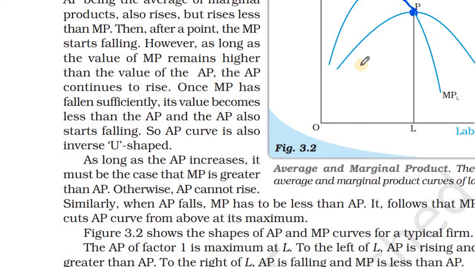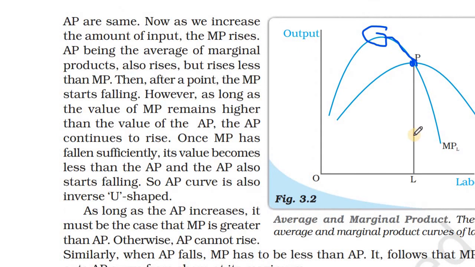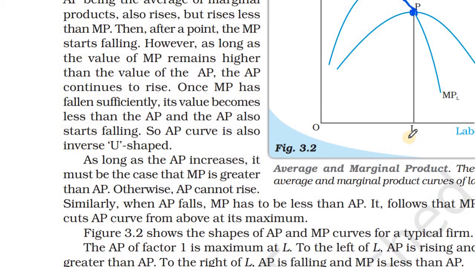First, MP has to be less than AP when AP falls. When MP is increasing, AP also increases, and after that, when the MP curve cuts the AP curve, that is the maximum point of the AP curve.